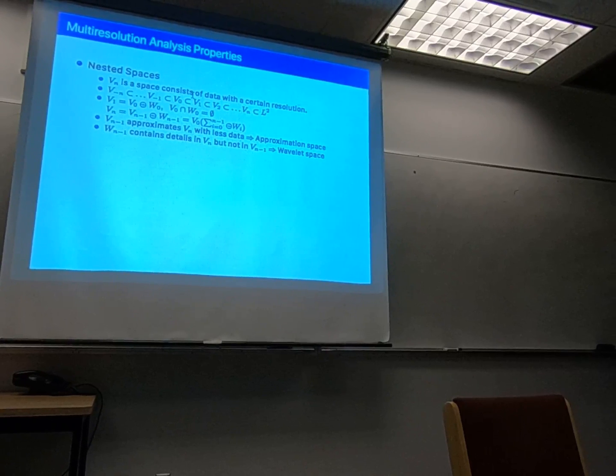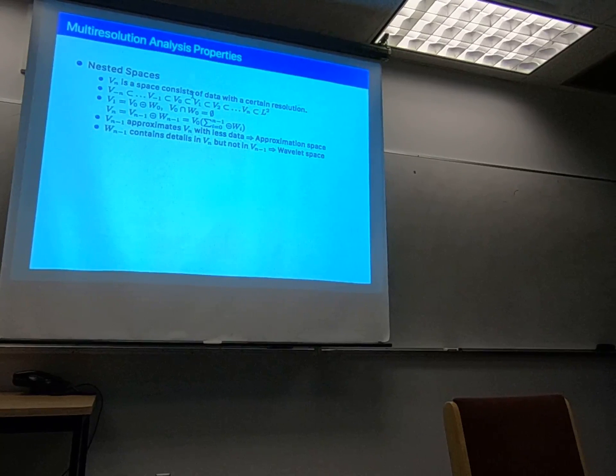And the orthogonal sum of V0 and W0 forms the space V1. More generally, space Vn can be decomposed into Vn-1 and Wn-1. We can further decompose the space Vn-1. Here the space Vn-1 is called the approximation space. It just approximates space Vn with lighter data.